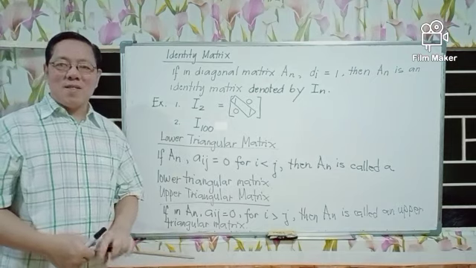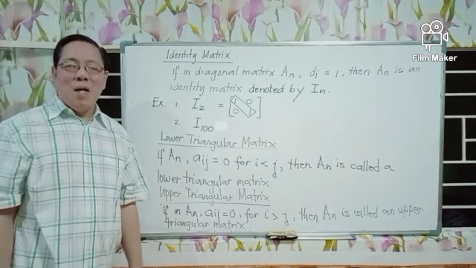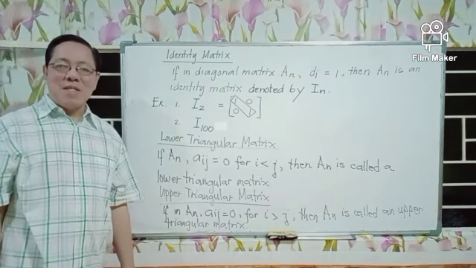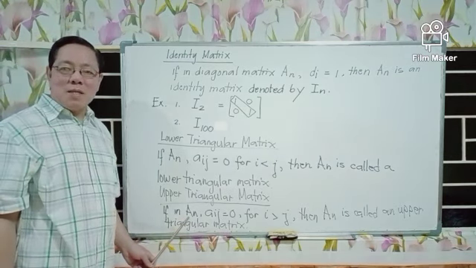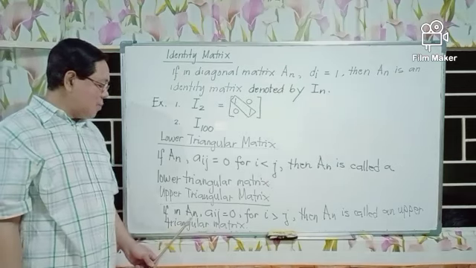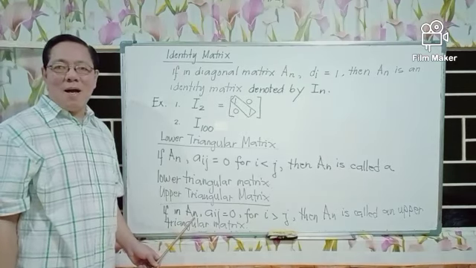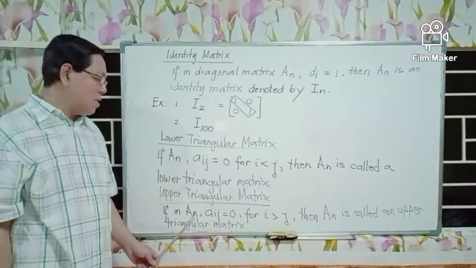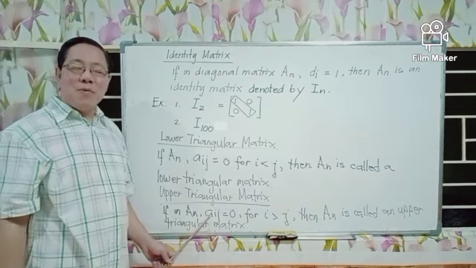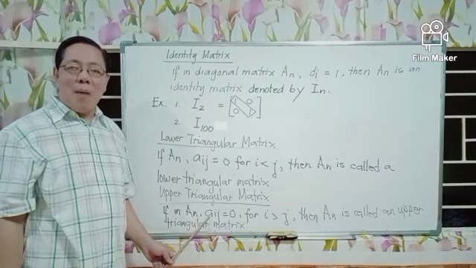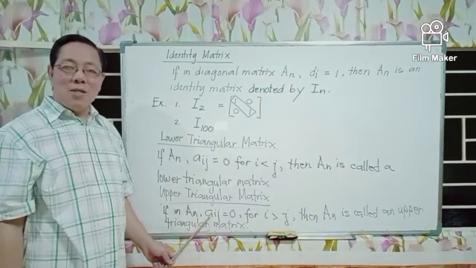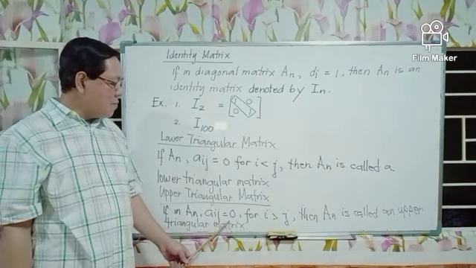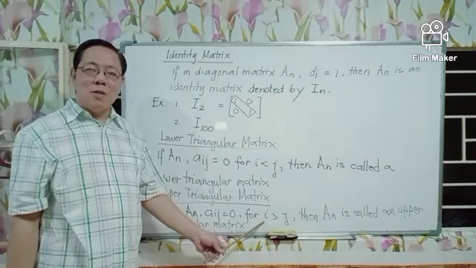We now formally state the definition of upper triangular matrix. The given here is a square matrix denoted by A sub n, which means that the square matrix A has n rows and n columns. And the condition for the square matrix to be an upper triangular matrix is that the entries A sub ij are all 0 for i greater than j.